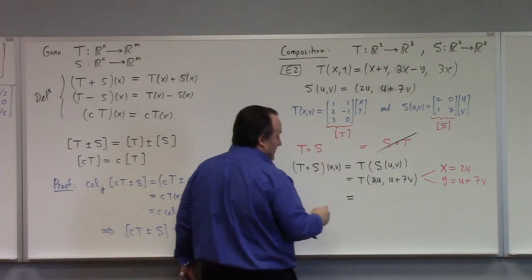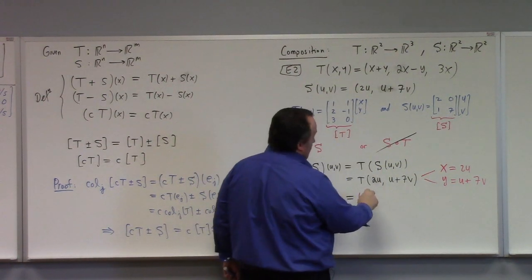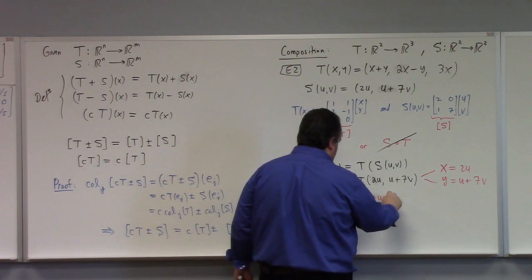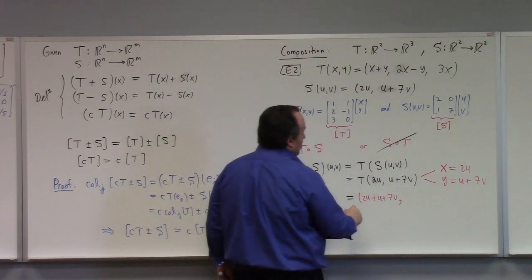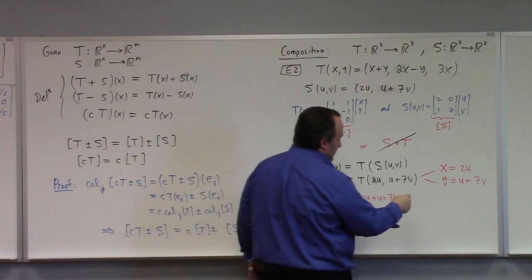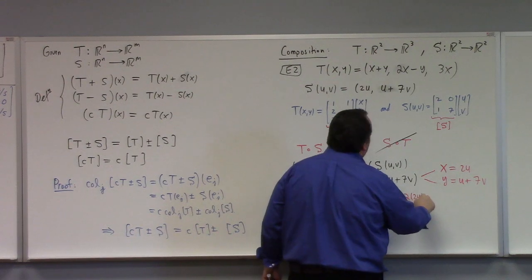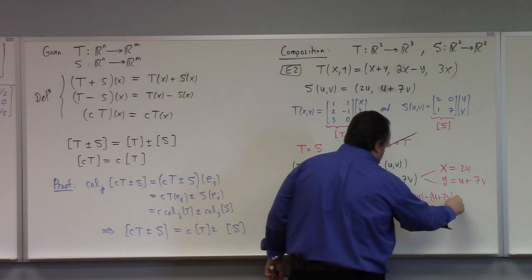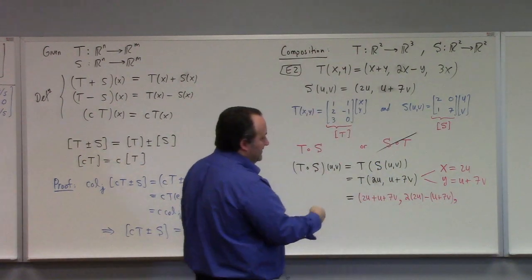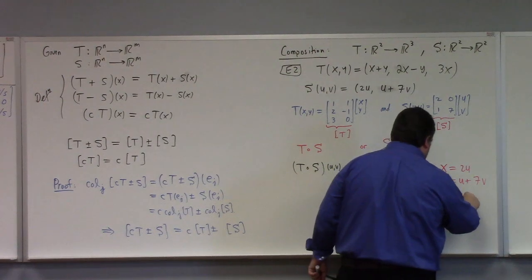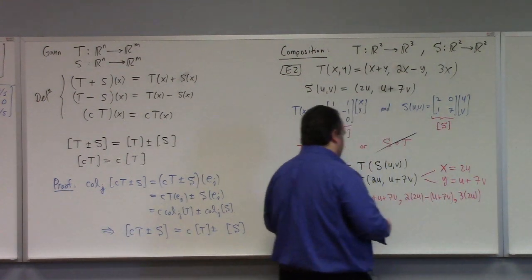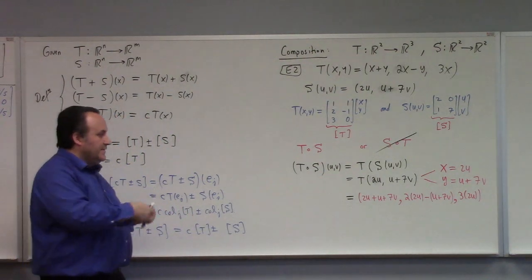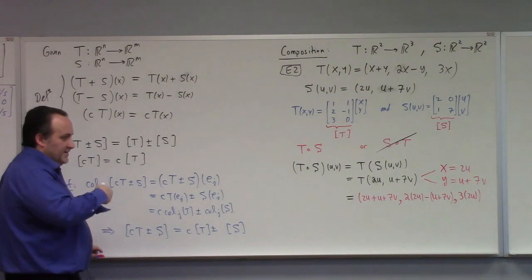Substitute that into my formula up there. We get 2u plus u plus 7v, and then 2x minus y would be 2 times 2u minus parentheses u plus 7v. And then 3x is 3 times 2u, right? So I'm just straight away calculating the composition of T and S directly.